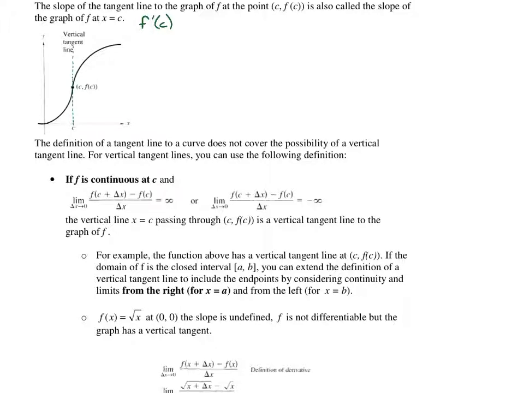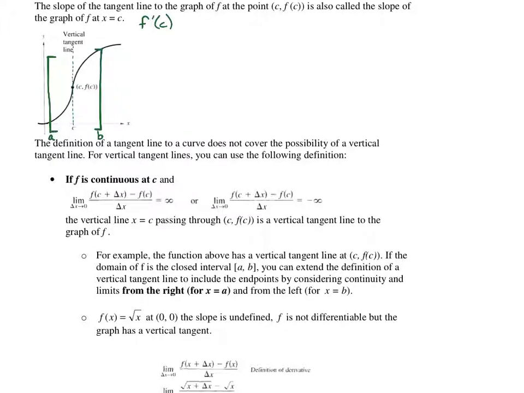So, if we know that the function is continuous, but for some reason we went ahead and defined some closed interval from a to b, we could still consider the derivative at the endpoints, because we made kind of an arbitrary endpoint.